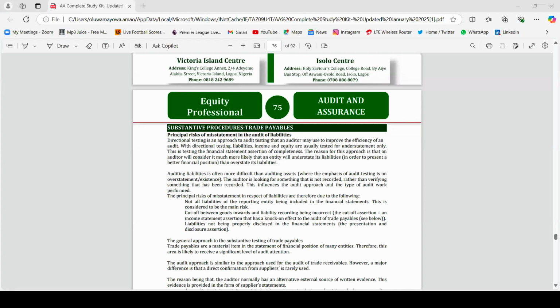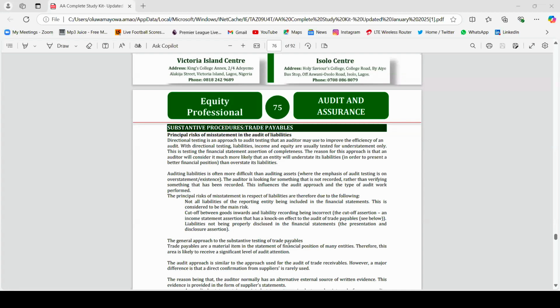Anytime you have a liability, it will eat into your equity and your assets. So there is a tendency that clients will not want to state all their liabilities. So when auditors are testing liabilities, the direction is usually to test for understatement, that they are not declaring all they owe, because liability has a way of eating into your profit.